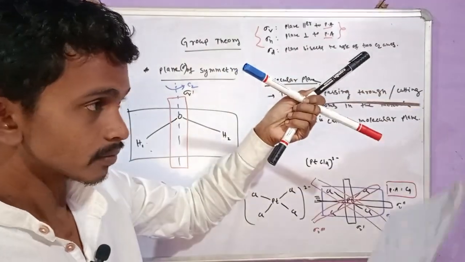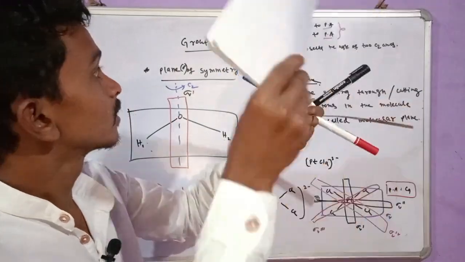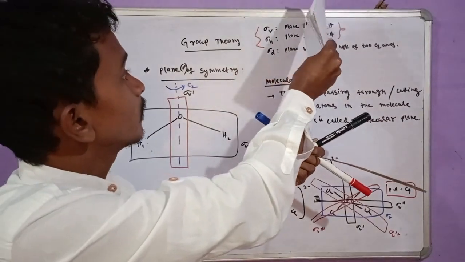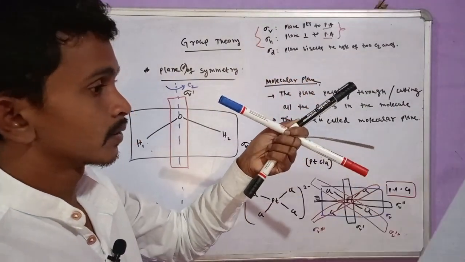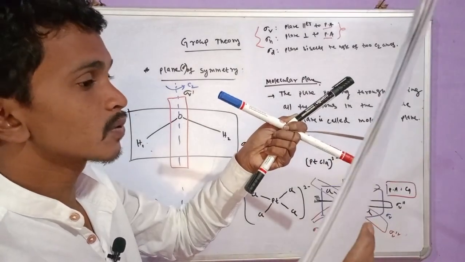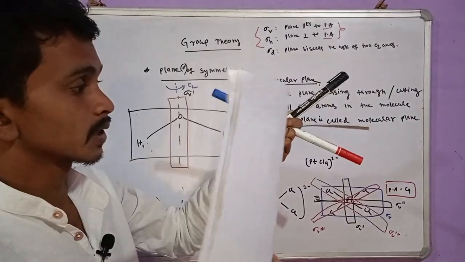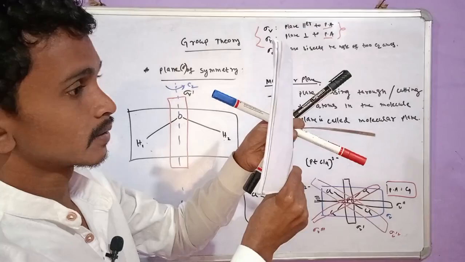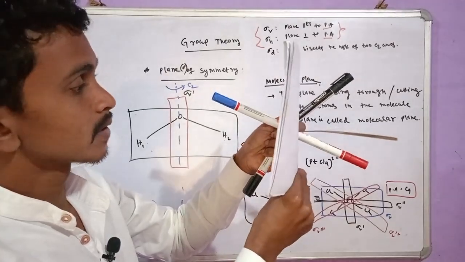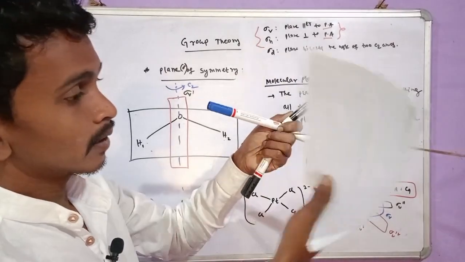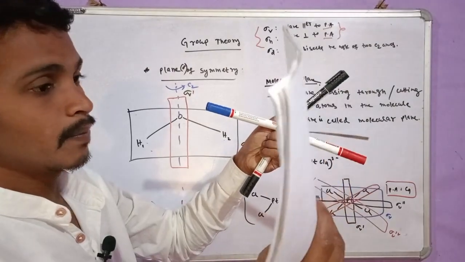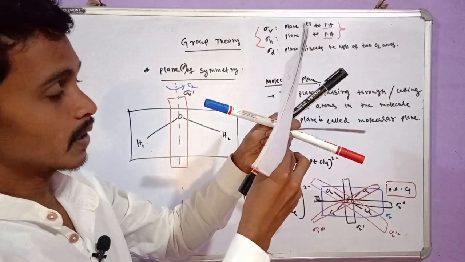For sigma v, the condition is that the plane is parallel to the principal axis. So the plane should be parallel to this principal axis. If I cut like this, then this plane and the principal axis are parallel.